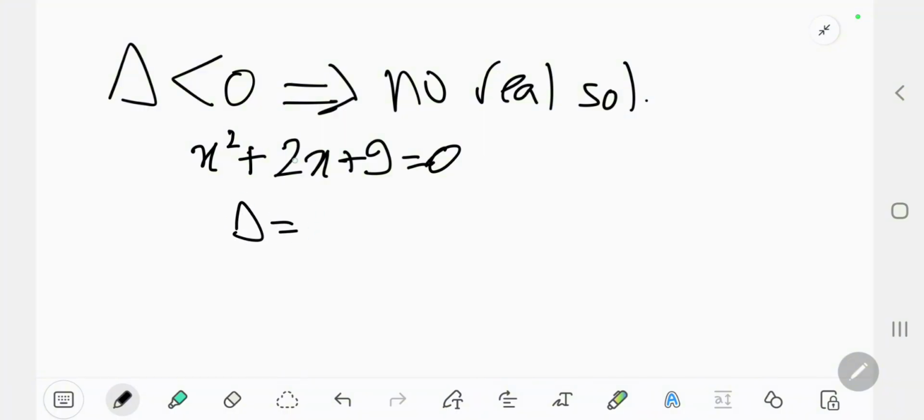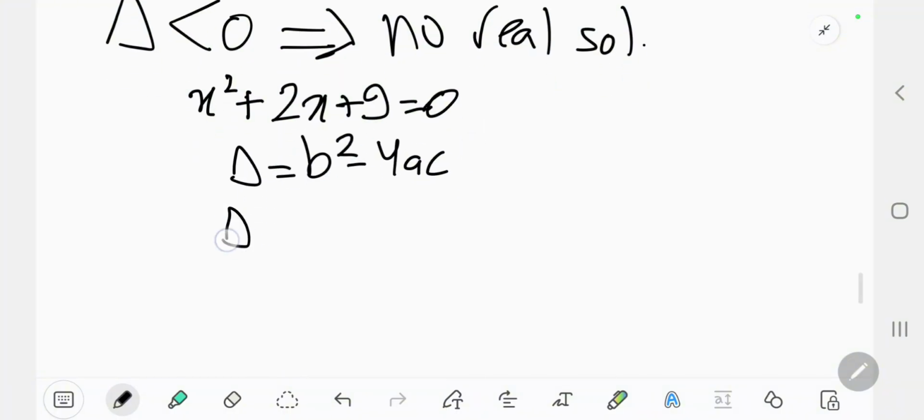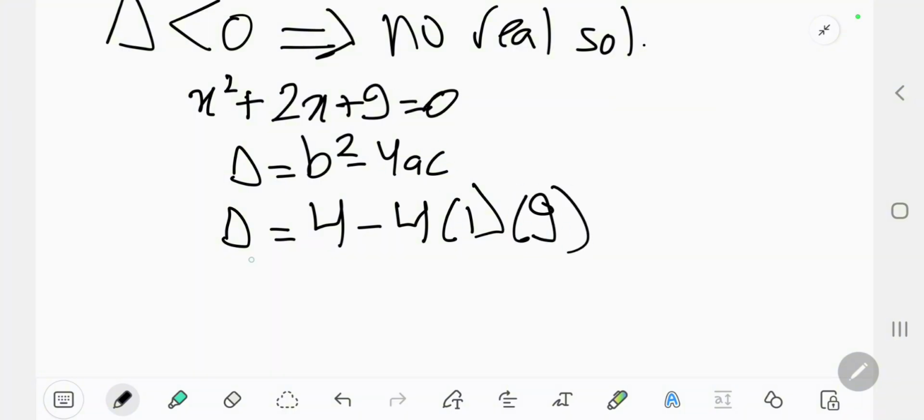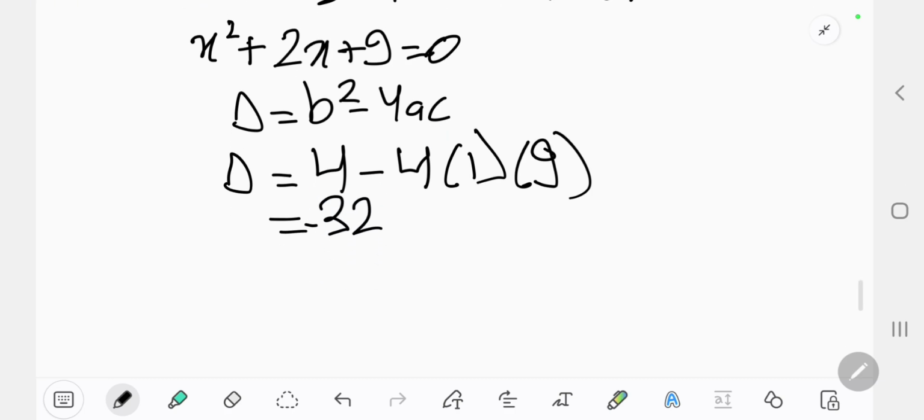So delta equals b squared. Wait, first let's write it so that you know what I'm talking about. B squared, which is 4, minus 4 times 1, because that's a, and then c is 9, so it equals 4 minus 36, which is equal to minus 32, right?